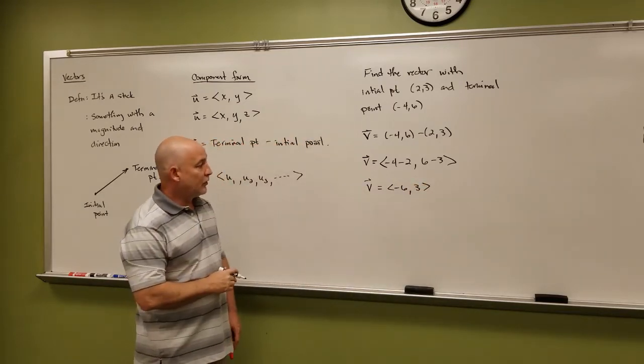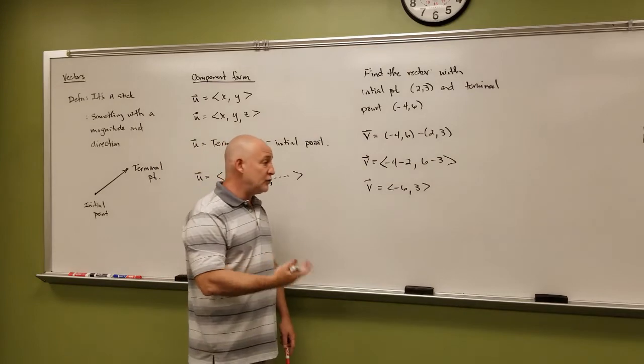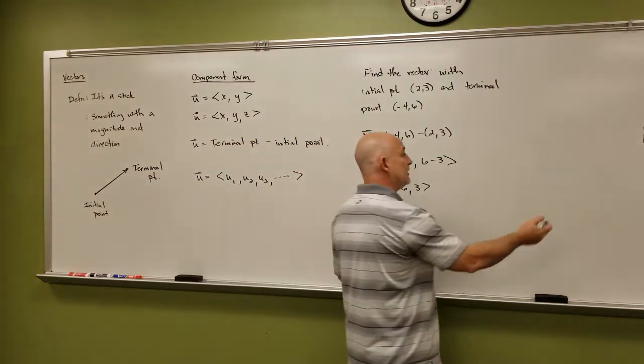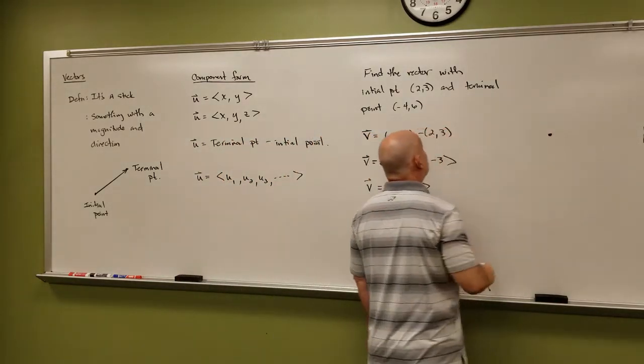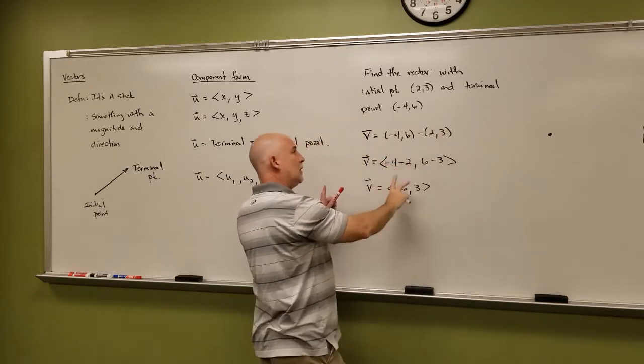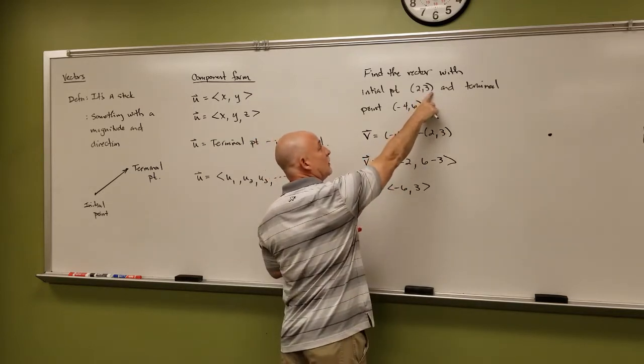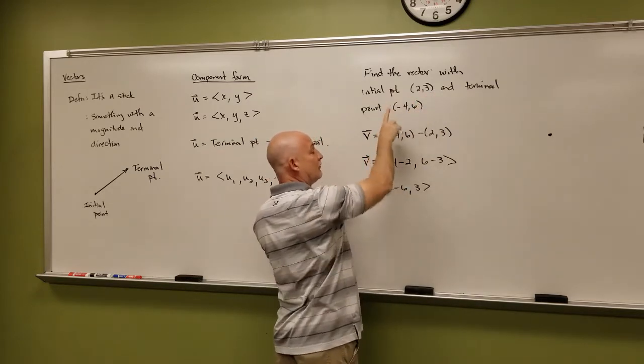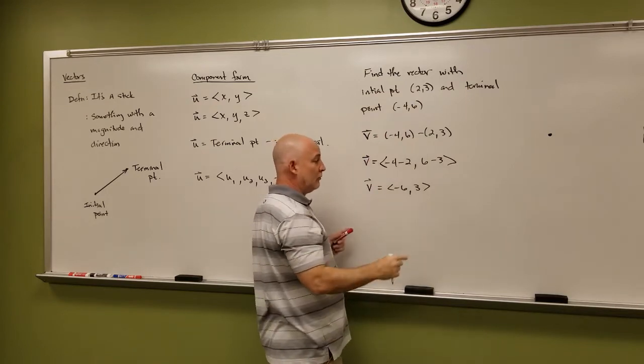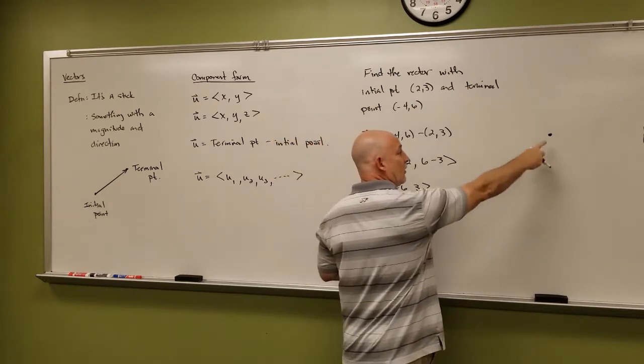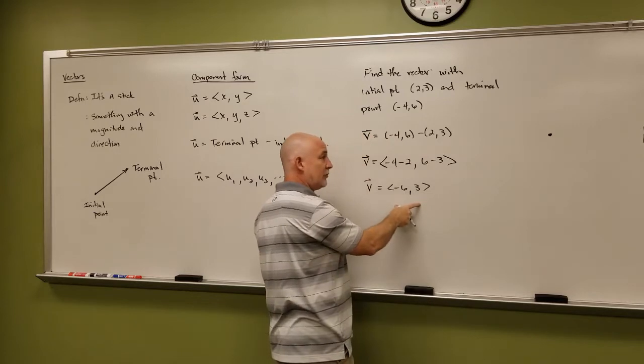Now, of course, if we wanted to represent this vector visually, all you'd have to pick is any starting point. Even though we're told you pick this as the starting point and that is the initial one, if you wanted to draw it from there. But this vector, remember, you can pick up and move anywhere you want. So if you had any other arbitrary starting point, you could still draw this vector.